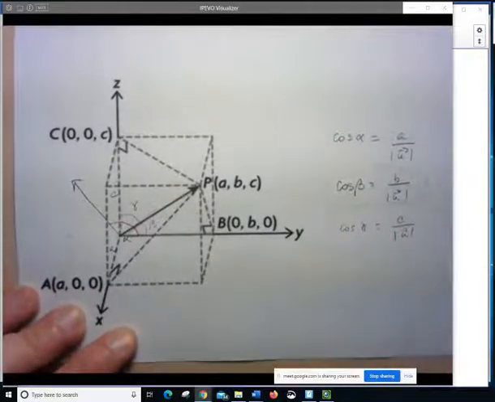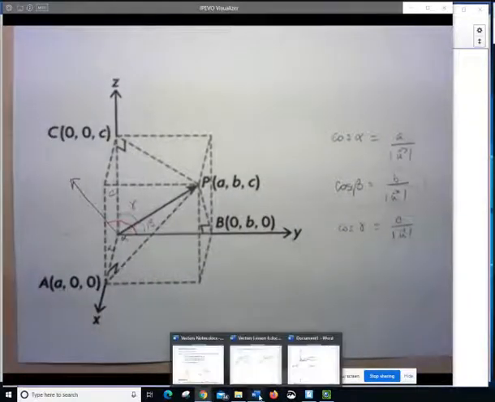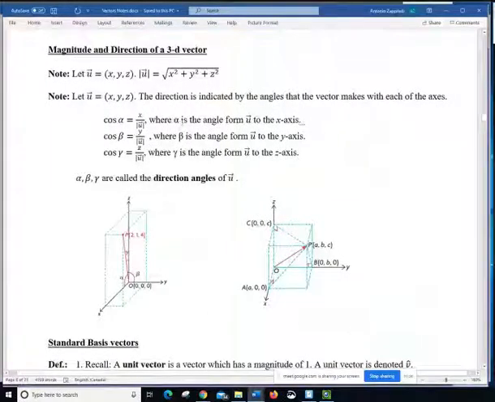So let's take a look at the notes, just so that we can end this off. As we just saw, if we have a vector defined as an ordered triple in 3D, then the magnitude of that vector is just the square root of the sum of the squares of the individual components.